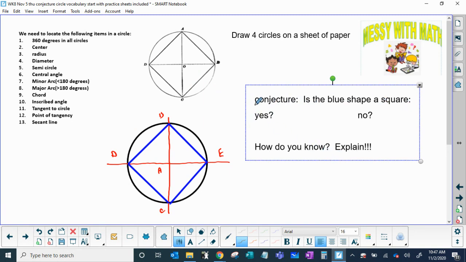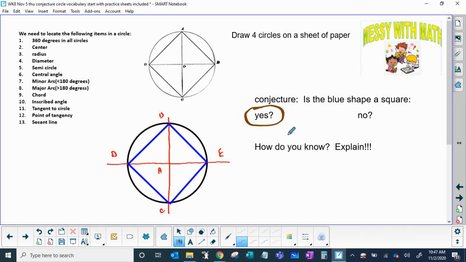In class, we came up with the answer yes. How do you know? Well, first of all, we knew that we drew diameters. So step 1, we know this is a diameter. We know this is a diameter. If those are diameters, then we came to the conclusion that that is equal to that, and that is equal to that.